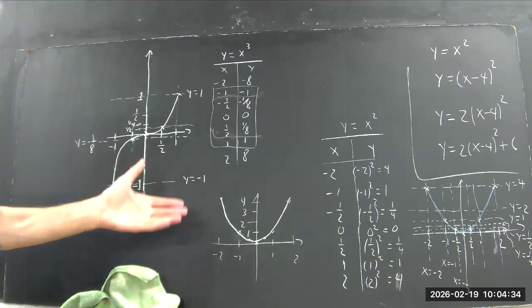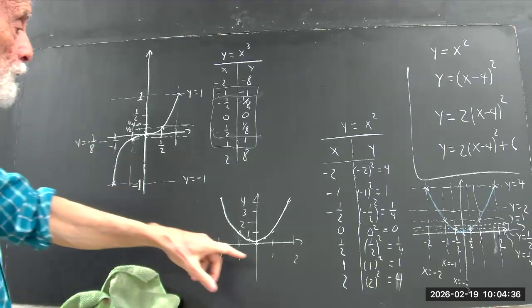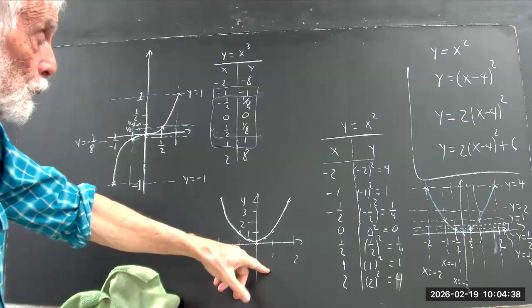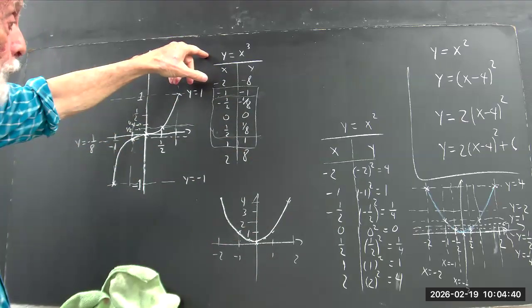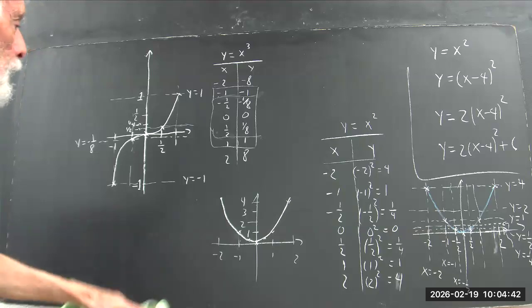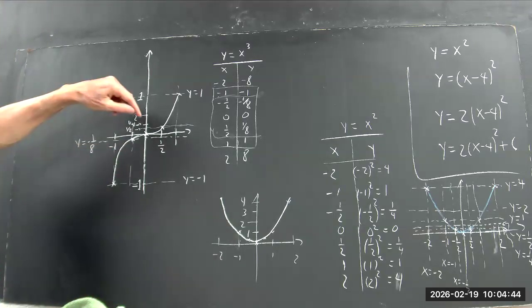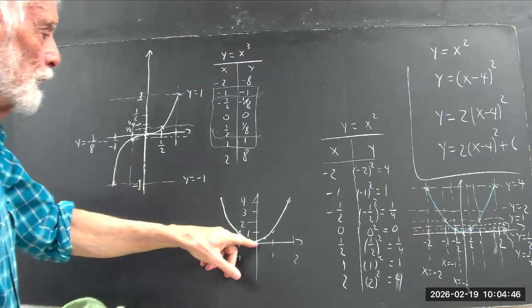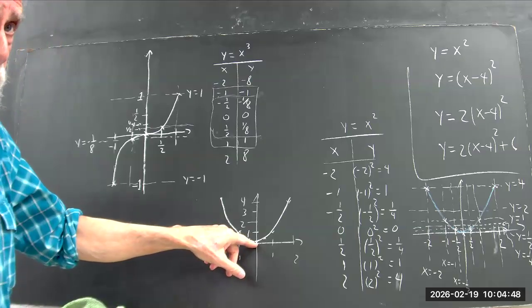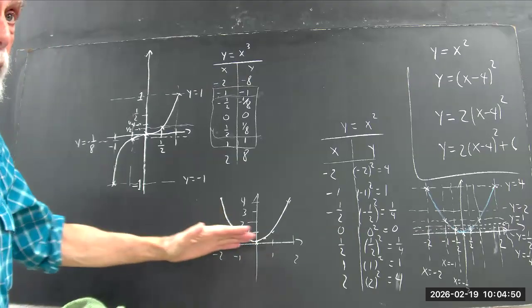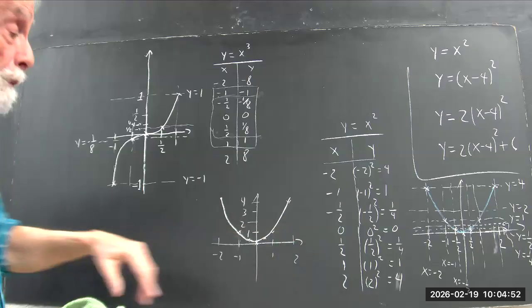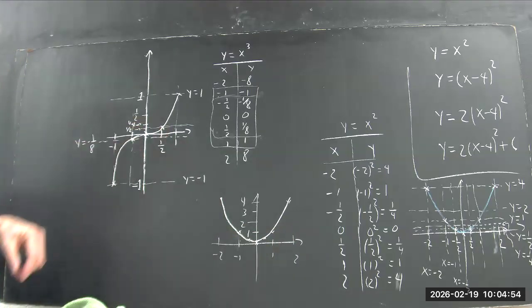Okay, so there's the x squared power function and the x cubed power function. The thing you can see is that in both cases, when you hit the point 0, 0 at the origin, the graph flattens out. Okay, the graph here flattens out.